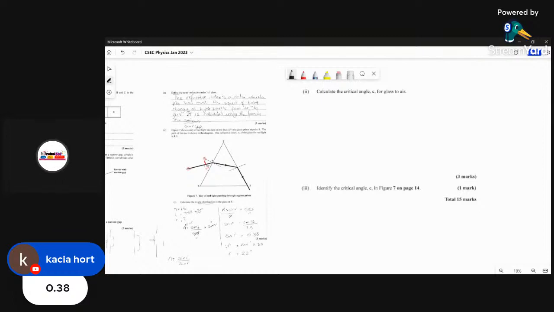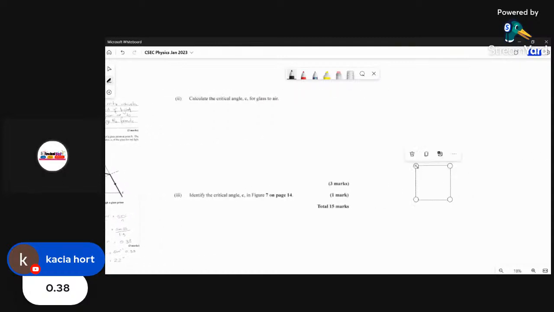Okay, so the next question now asks us to calculate the critical angle C for glass in air. Critical angle. I'm not going to preempt one of the questions. I was going to ask a question, but that's going to preempt it, so I'm going to wait until we get there.